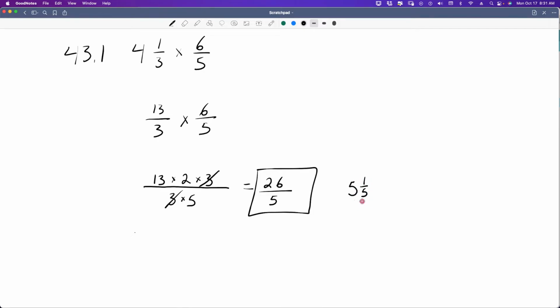And you're going to have to get to the point to where you see it without having to write it down. I can see that this is 5 times 5 is 25, and 25 from here leaves 1 without having to write that down. I know that's 5 1/5 just by looking at the improper fraction. And before long, you're going to be able to do that too if you can't already do that.